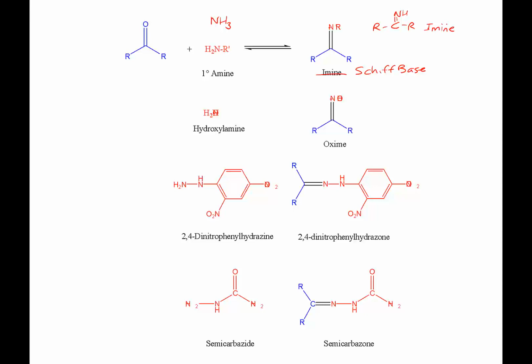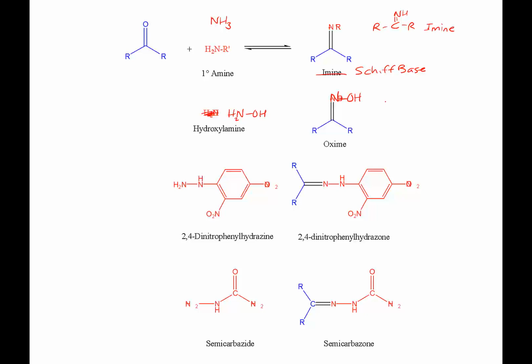And then classically there's been a lot of compounds that are similar to this. A hydroxylamine looks like this. So if you take a hydroxylamine, you'll end up here with the N attached to the OH. And that's called an oxime.